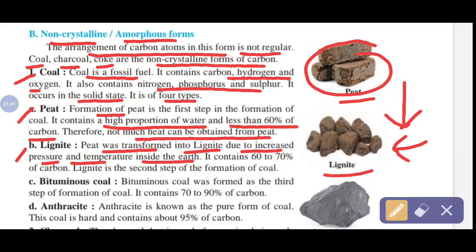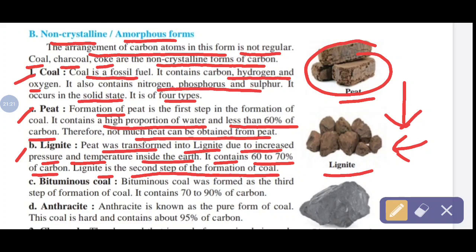Underline, it contains 60 to 70% of carbon. So lignite is the, underline, second step of formation of coal.